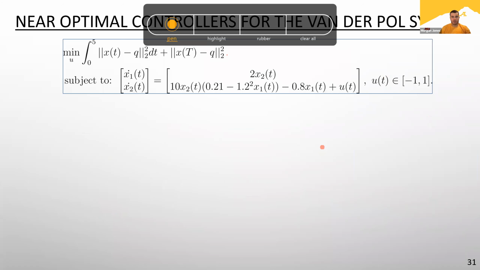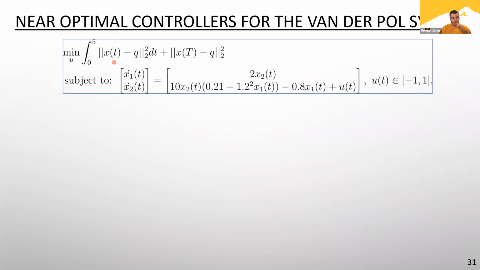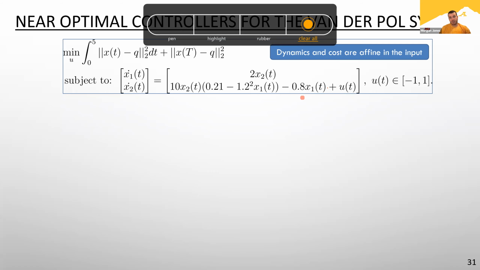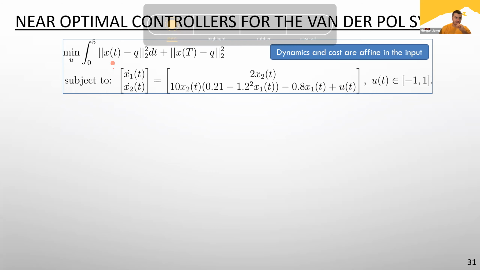So here's a numerical example that is affine in the dynamics and the cost in the input variable. The input variable only occurs once and is linearly inputted into the dynamics. The cost is to minimize the distance between the state and some coordinate q. q is in R2 because the state space is in R2.